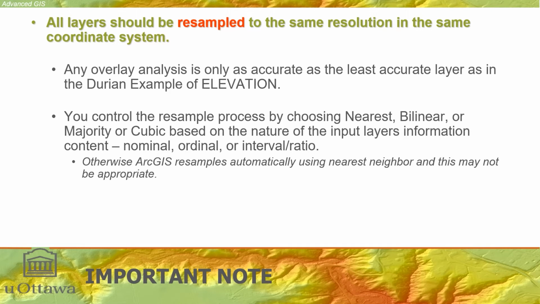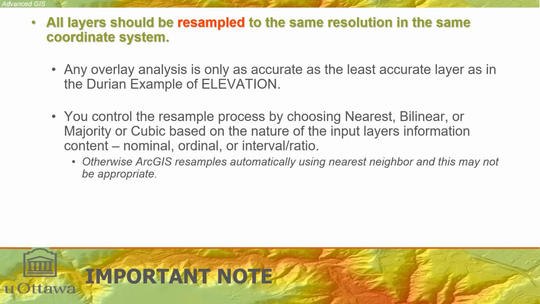And we have to control that to make sure that we resample things appropriately. Because remember, ArcGIS will allow you to use multiple layers together in the same analysis that aren't even of the same type or the same coordinate system. So you can mix raster and vector, and they can be in different coordinate systems.